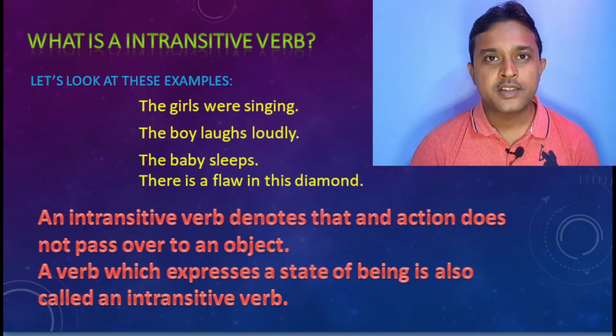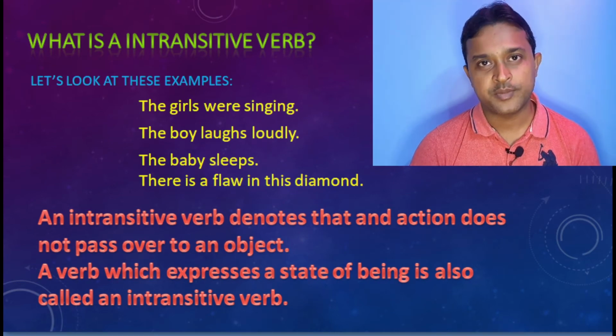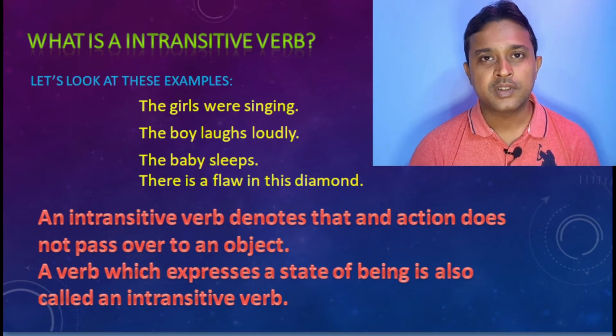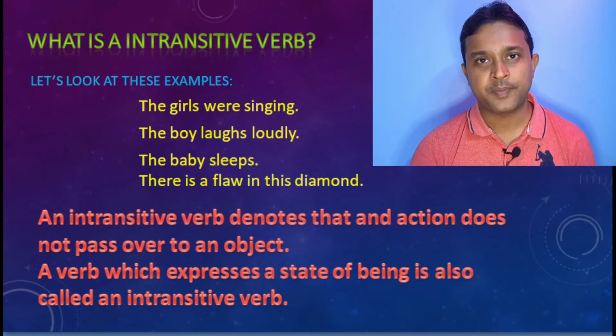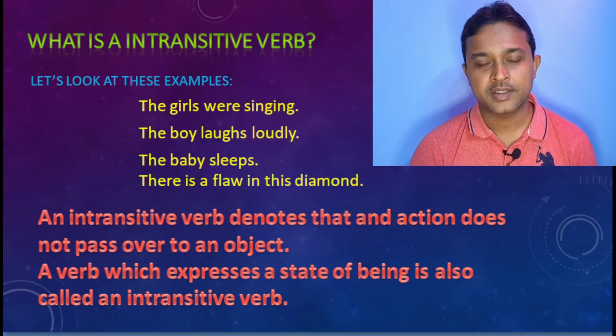Now, let us try to understand the concept of an intransitive verb. An intransitive verb is not followed by an object. An intransitive verb doesn't have an object after it to receive the action. An intransitive verb also describes the state of being.